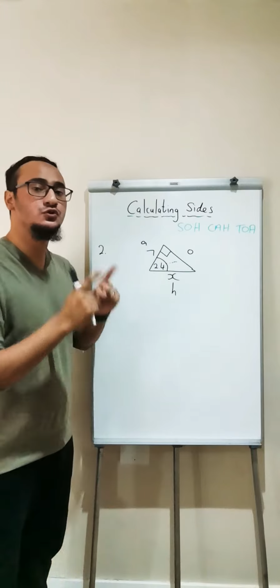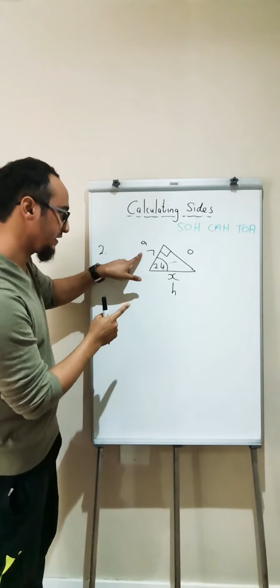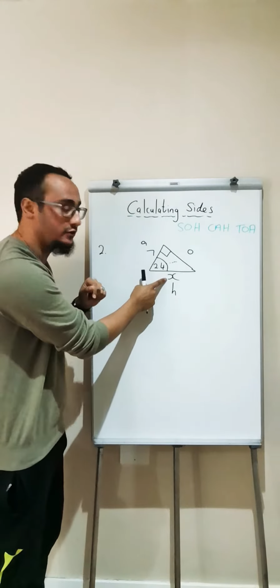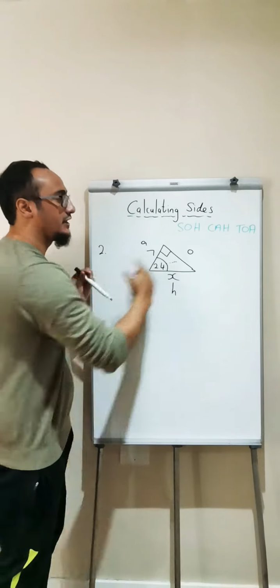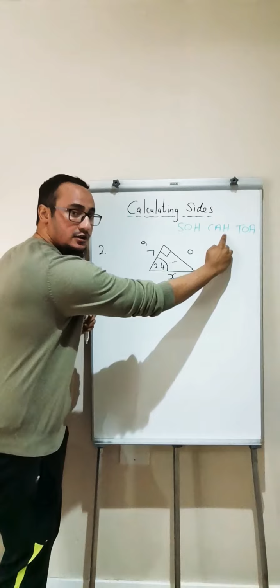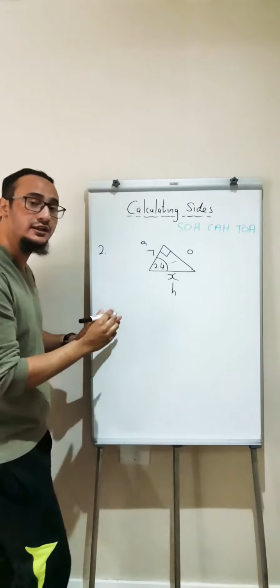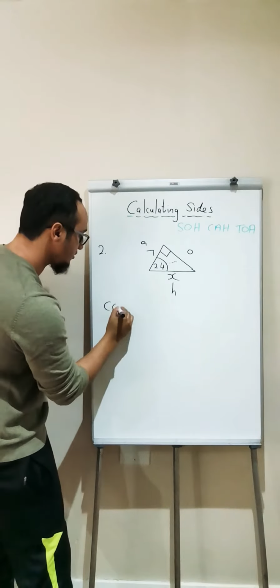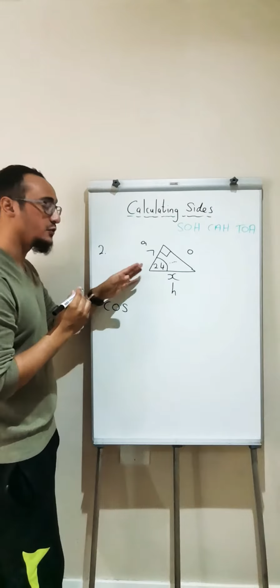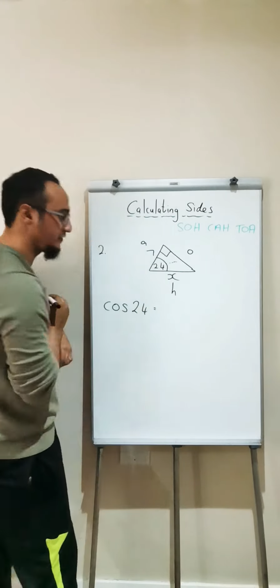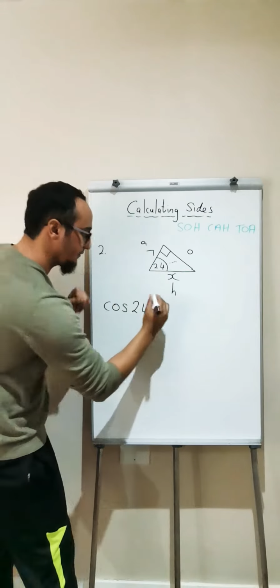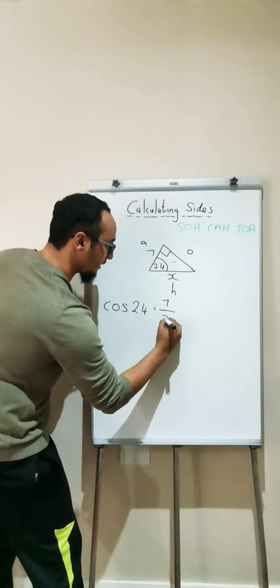What two do I have? I have 7 and I have x, which I'm looking for. So that is your adjacent over your hypotenuse, and there you can see adjacent and hypotenuse, which means I need to use the cos of my angle. And what is my angle? 24, and the ratio is 7 over x.